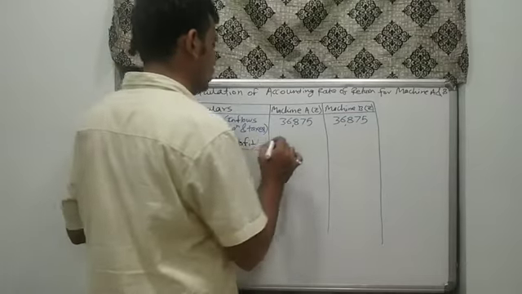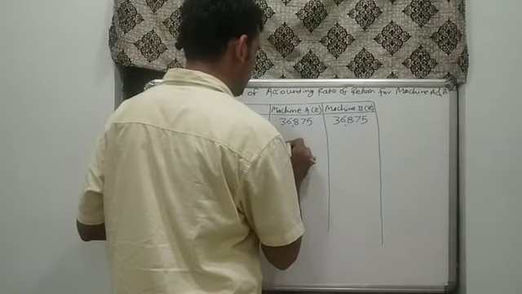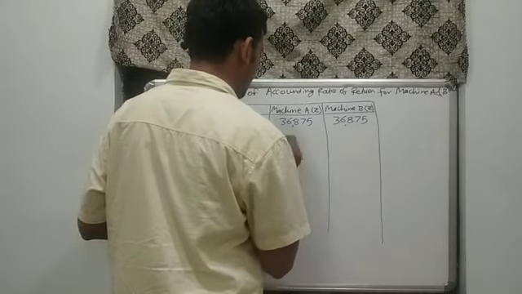For machine A, our total profit is 36,875 divided by the number of years provided in the question, which is 5. Hence 36,875 divided by 5 is 7,375. The same is true for machine B: 36,875 divided by 5 is 7,375.